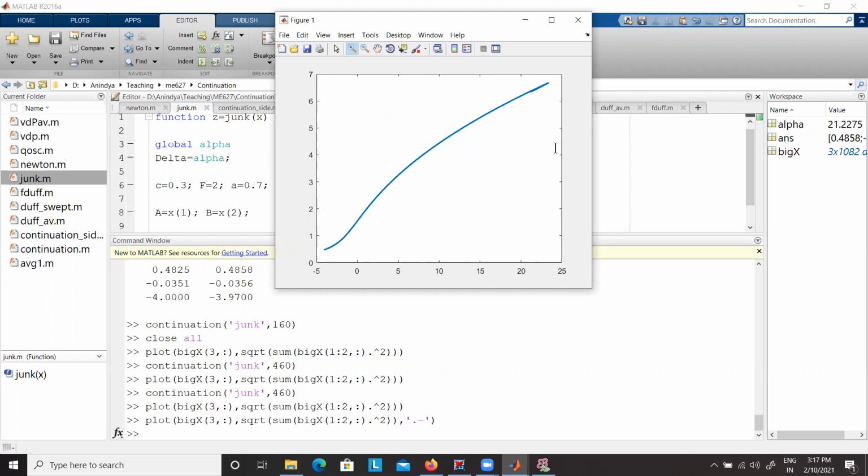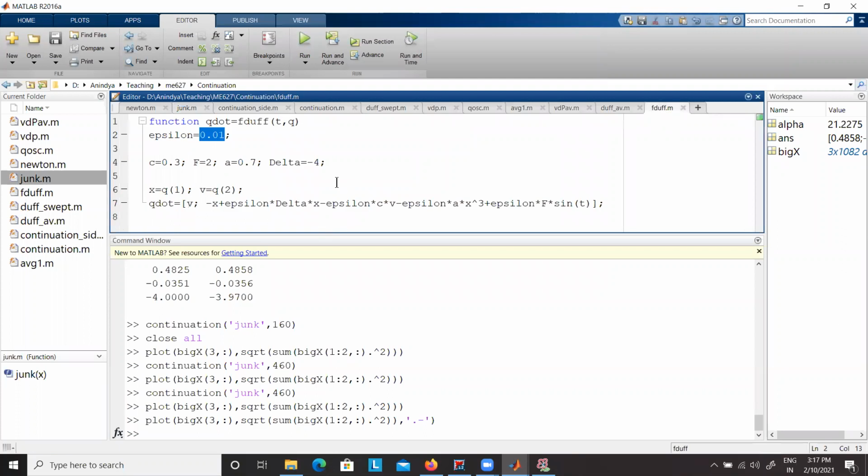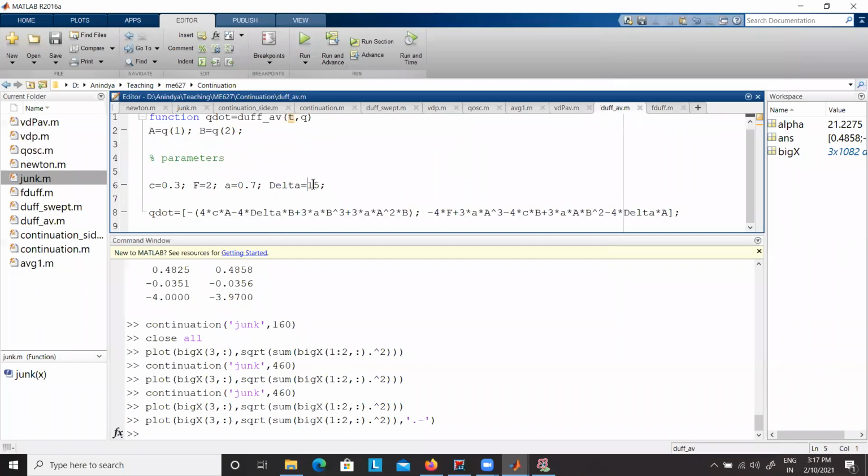Okay. So if I go back here, not this one, this one, 23.5, for example, or 4, there will be nothing there.